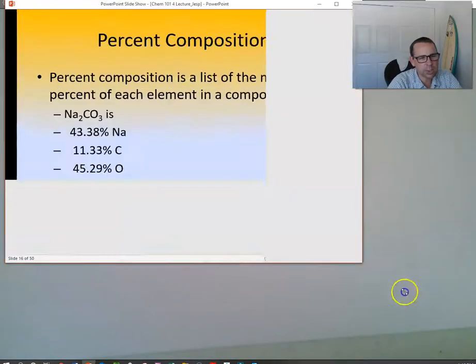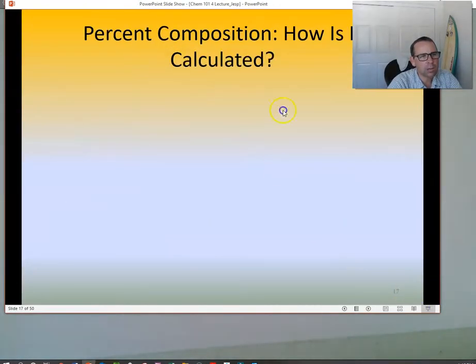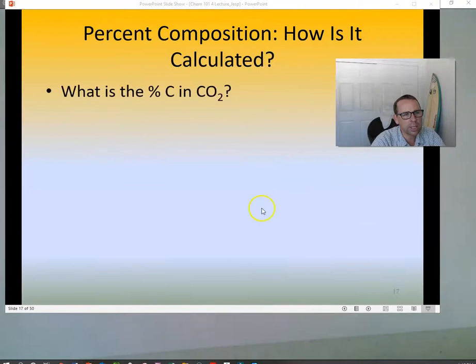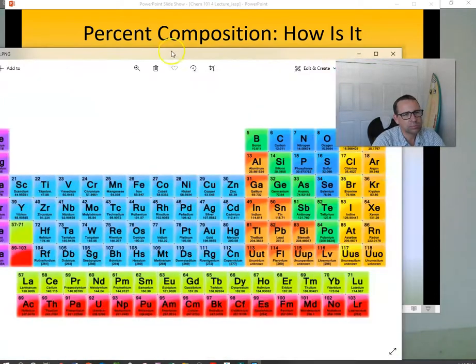An example here of calculating the percent composition of carbon in carbon dioxide. All right. So how would we do this? What would we do? So we look on the chart and carbon is 12.